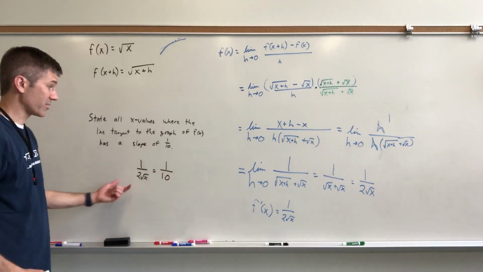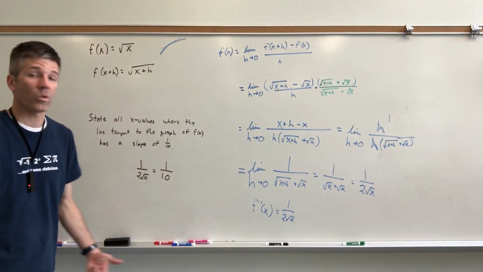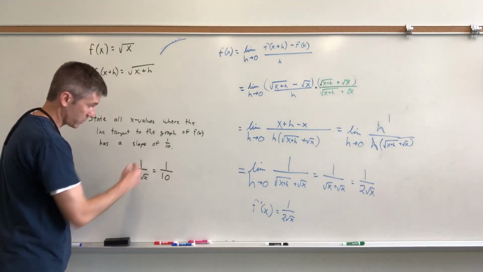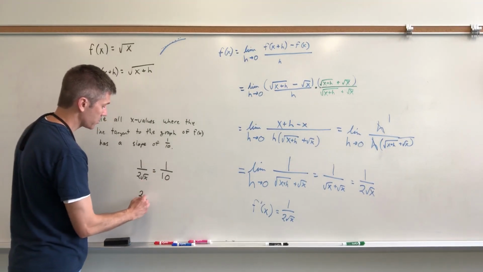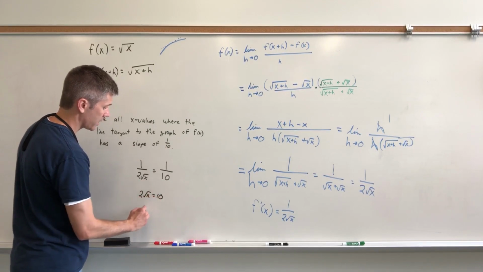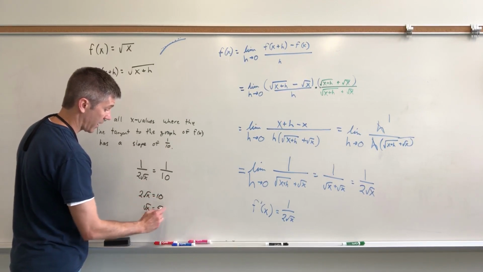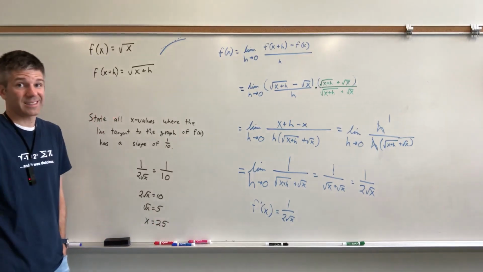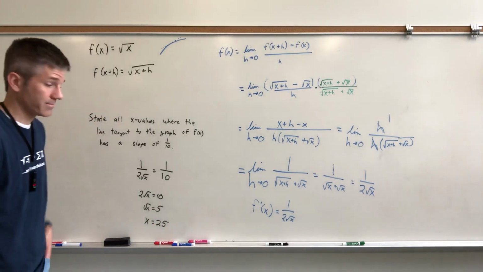We're just going to set the derivative equal to the slope that we want. The slope I want is 1/10. Take the derivative, set it equal to 1/10. We'll cross multiply. That gives me 2 square root of x equals 10. That gives me the square root of x equals 5. I will square both sides and I will have x equals 25. Done. That's it. We answered the question. That's all we had to do.